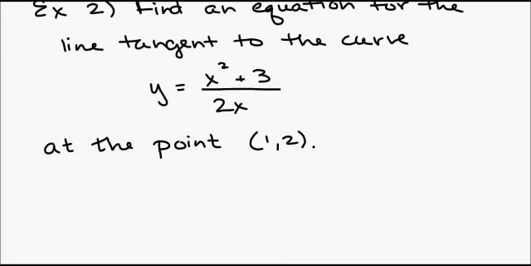So the first thing that we need to do is find dy dx. We need to do this because we need a slope for our tangent line. So this is d dx of this.